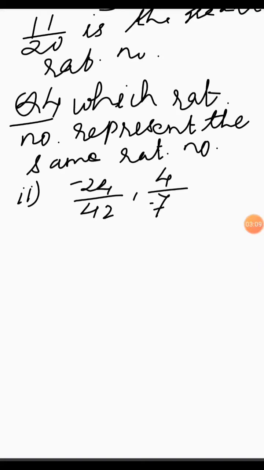Now children, see your question number 4. What is that? Which pairs of rational numbers represent the same rational number? It's also very easy. First you see that you have to convert the given rational number into its standard form. And you know children, standard form means you have to divide numerator and denominator by their HCF. So you know children, here the HCF of 24 and 42 is what? 6.